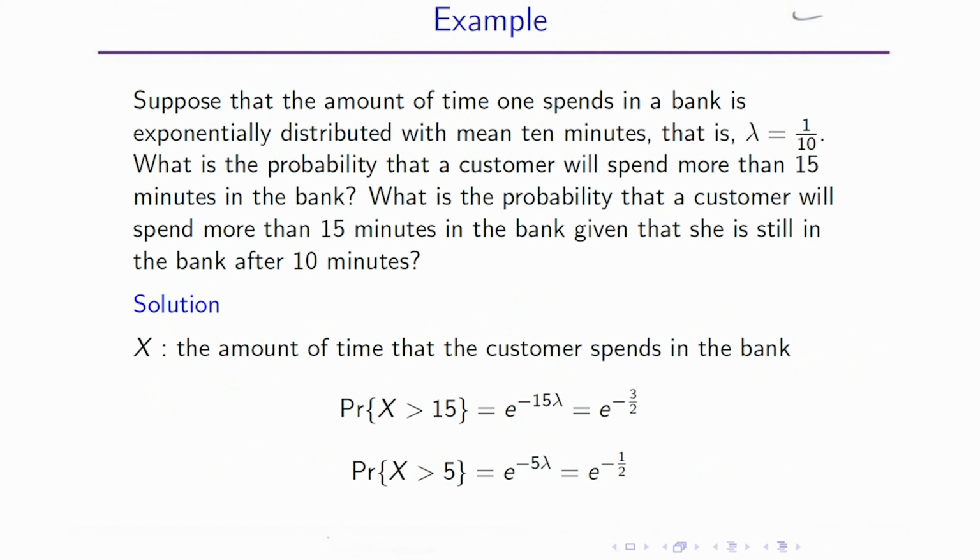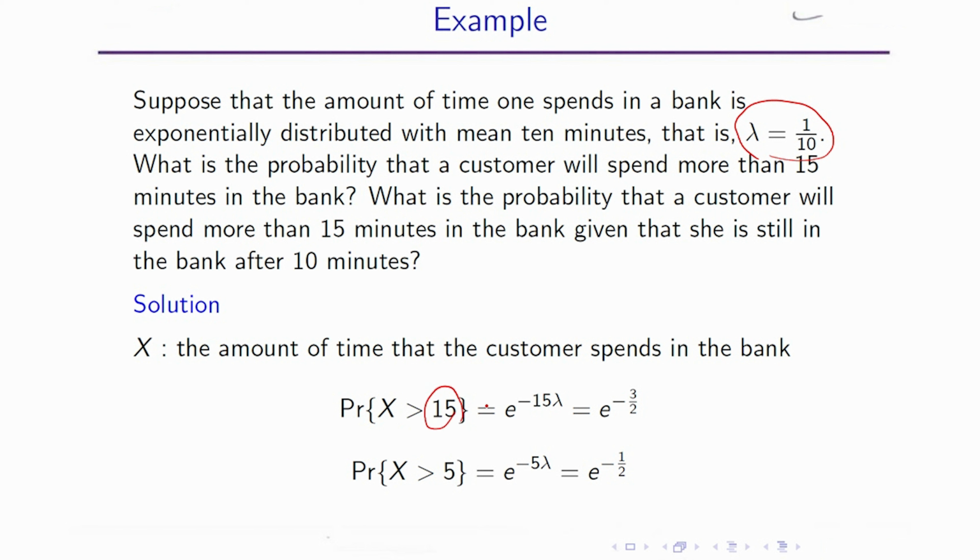Example: suppose that the amount of time one spends in the bank is exponentially distributed with mean 10 minutes, so lambda is 1 over 10. What is the probability that a customer will spend more than 15 minutes in the bank? And what is the probability that a customer will spend more than 15 minutes in the bank, given that she is still in the bank after 10 minutes? If we let X be the amount of time that the customer spends in the bank, the first question refers to X greater than 15.